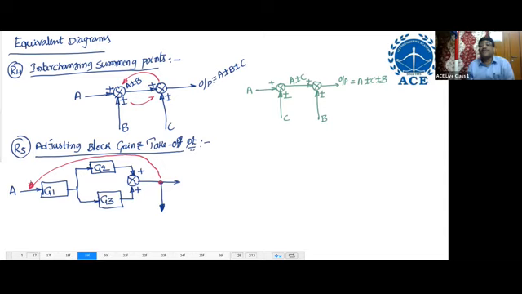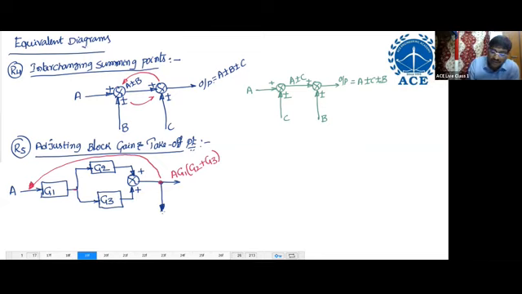Equivalent diagrams mean the output should not change. You shift from anywhere to anywhere, but the output should not change. What is the output here? A into G1, and these two in parallel add, becoming G2 plus G3. So A G1 into G2 plus G3.